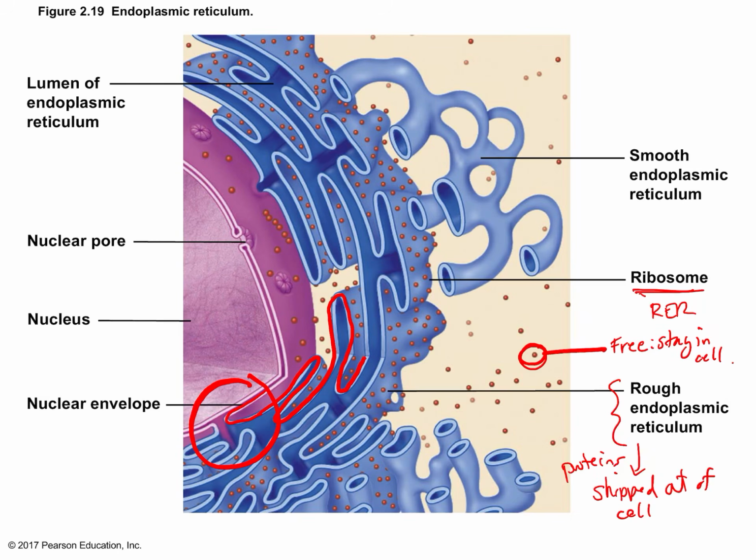So the ER is actually an extension of the nuclear envelope. And notice that the smooth ER is also an extension. It's not actually depicted very well here, but it's an extension of that same material. Actually, you can see some smooth ER right here. So the difference between smooth ER and rough ER is the ribosome, right?